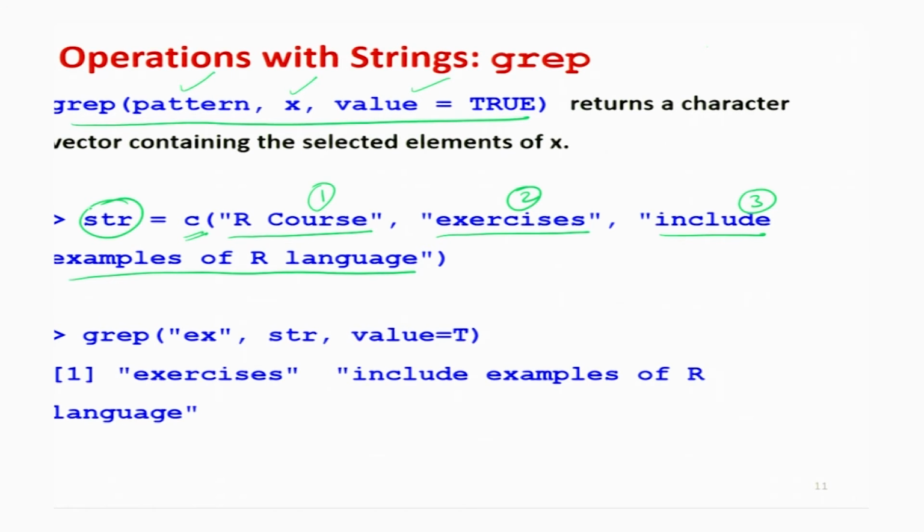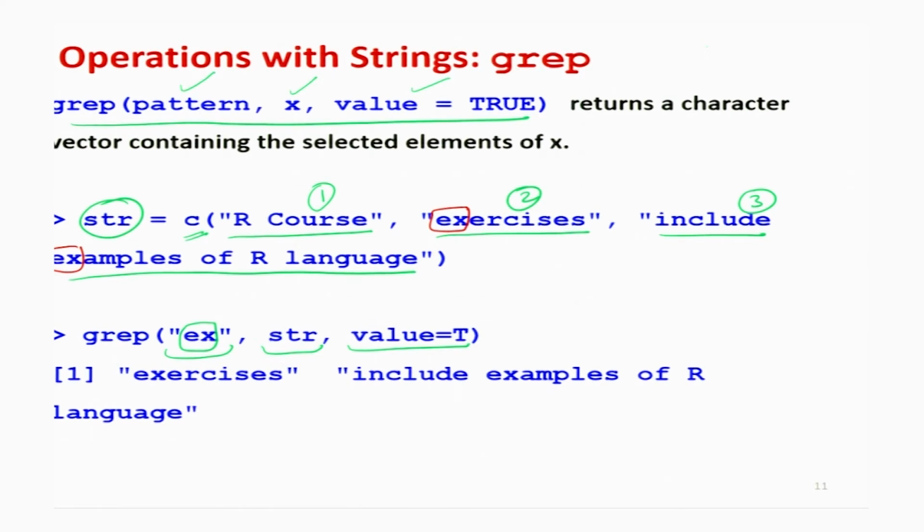Now what I want is to find where this ex occurs in the string str. So I give ex inside double quotes, then the string in which I want to find it, and since I want the result in terms of the string, I give value equal to true. Now see where this ex is occurring. You can see the first ex is occurring here, and the next ex is occurring here.